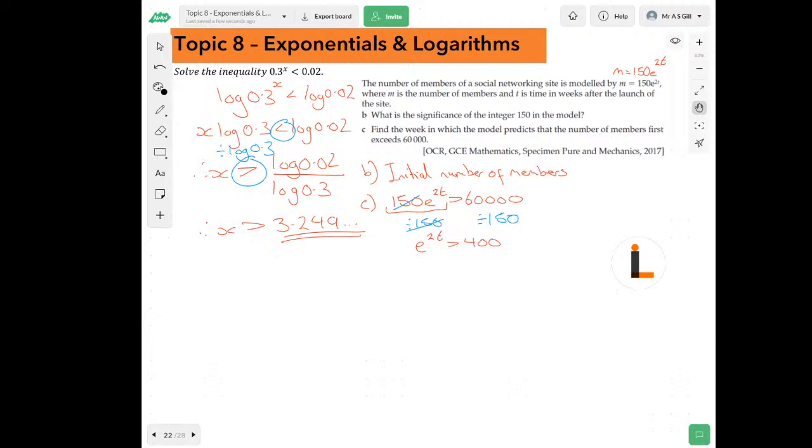I'm just going to start writing up the solution now. What we get here is 2.995.